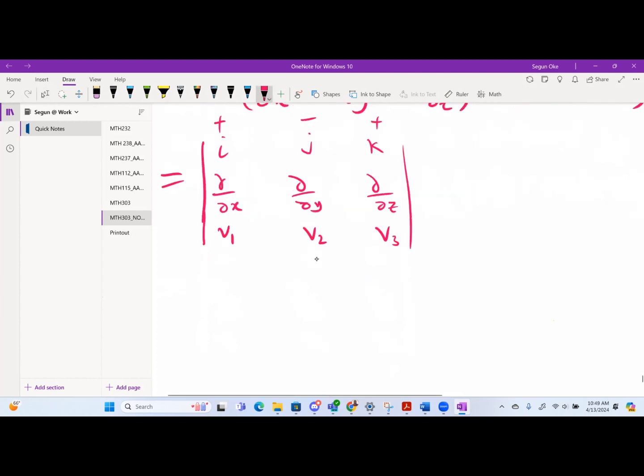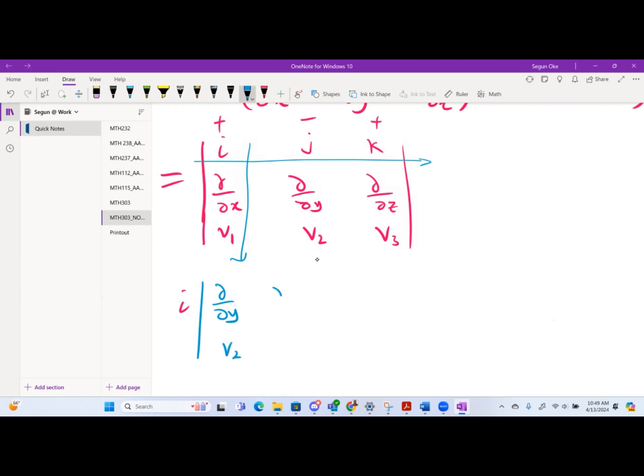For the i component first, all you need to do is this: row 1 will be eliminated, then column 1 will also be eliminated. So what remains? del dy, v2, del dz, v3.